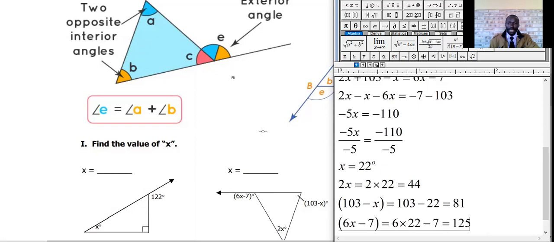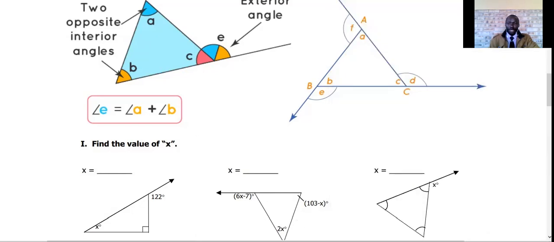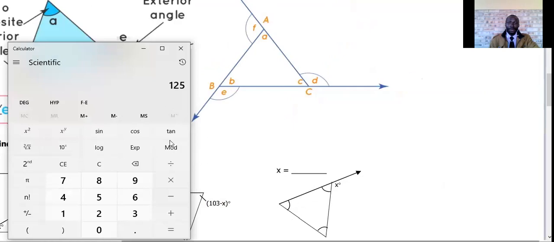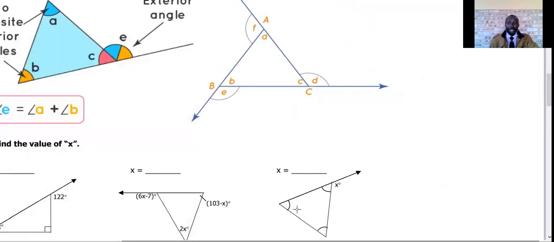Now, we could add one more example to this calculation of ours. And what is that? It's this angle here. The interesting thing in this angle is that they have not given us any value, but they have written this, this, and that.